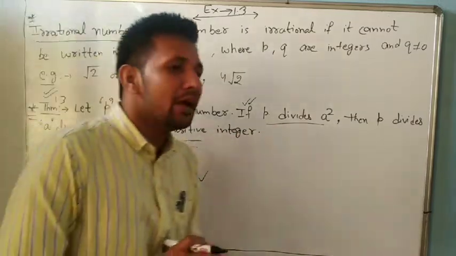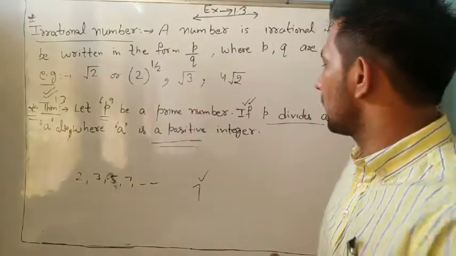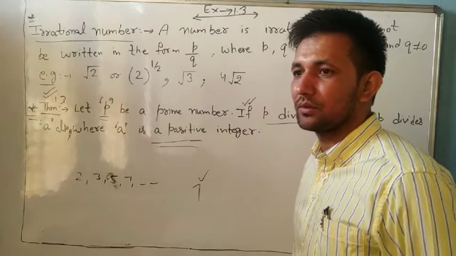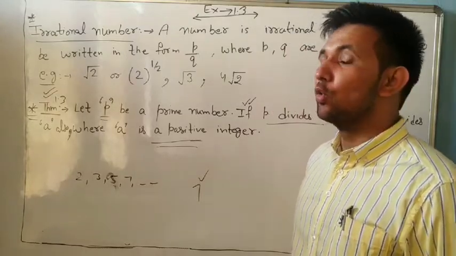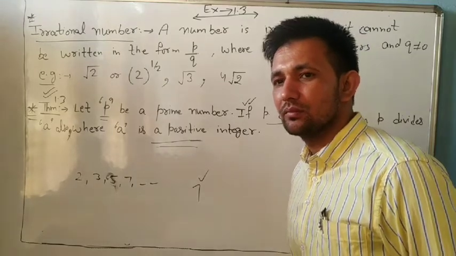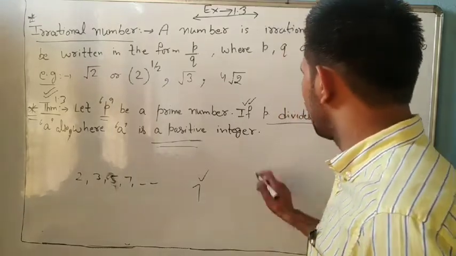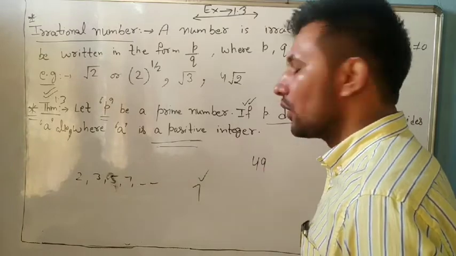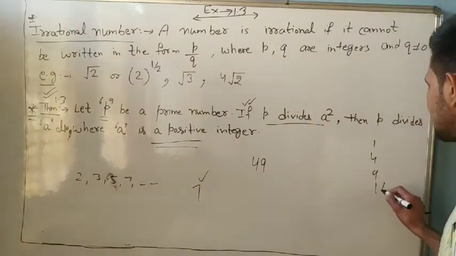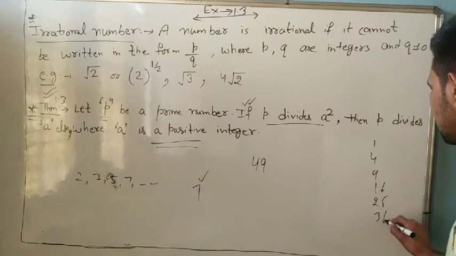So tell me a number whose square can be divided by 7. Any number whose square is divisible by 7. 49. Yes. Squares of numbers: 1, 4, 9, 16, 25, 36, 49.